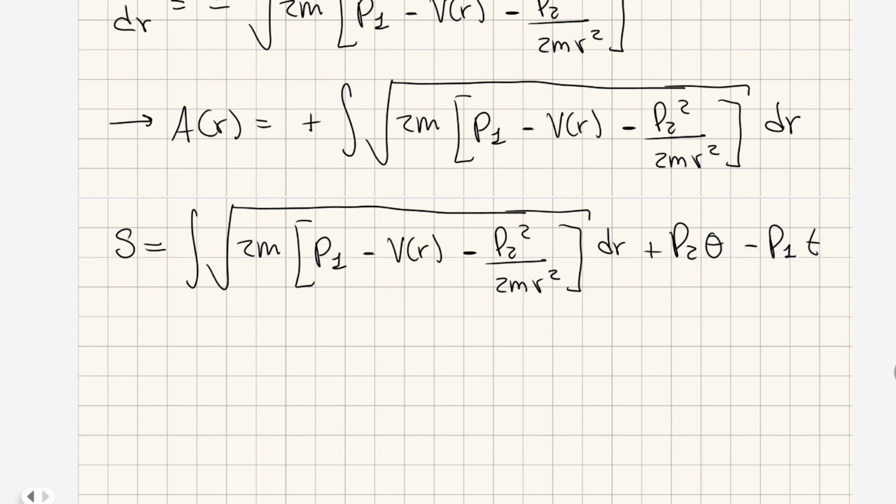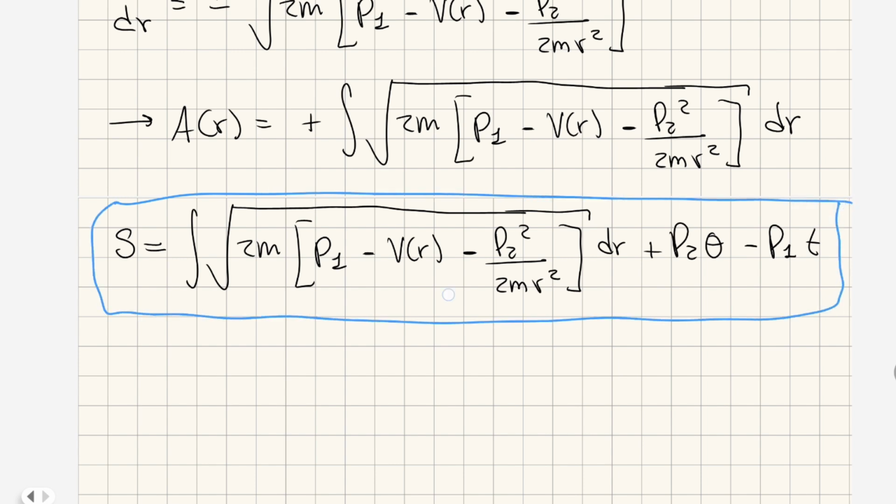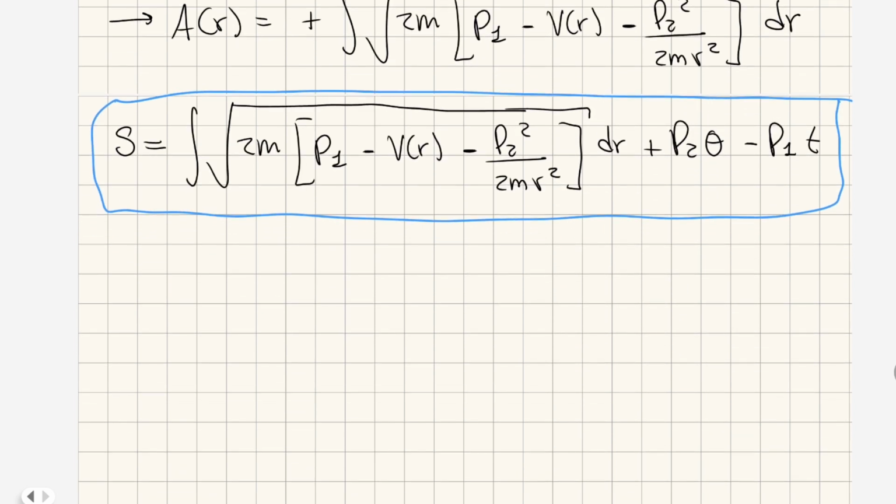Okay, so this will be the solution of the Hamilton-Jacobi equation, which, remember, represents the generating function of a canonical transformation for this mechanical system.